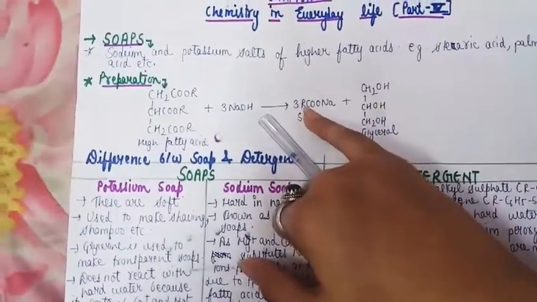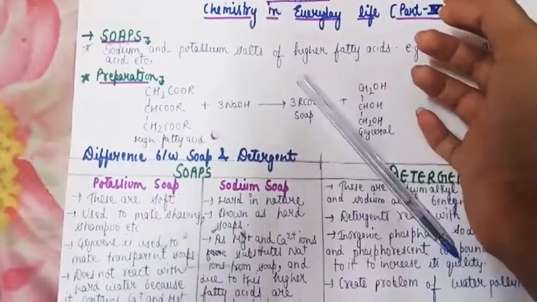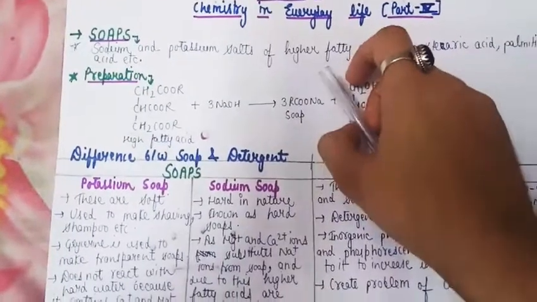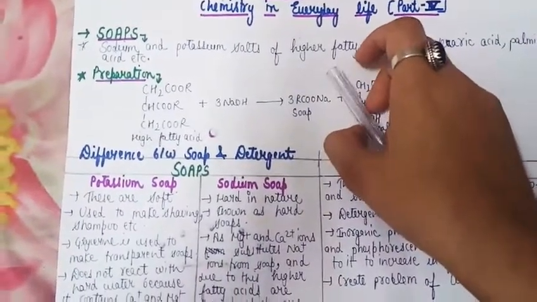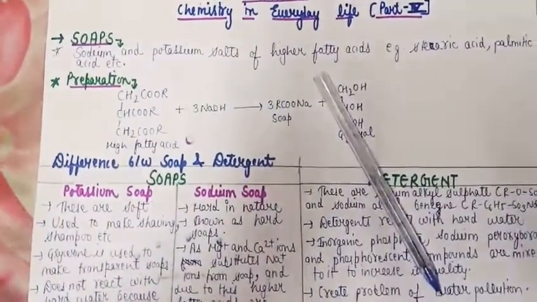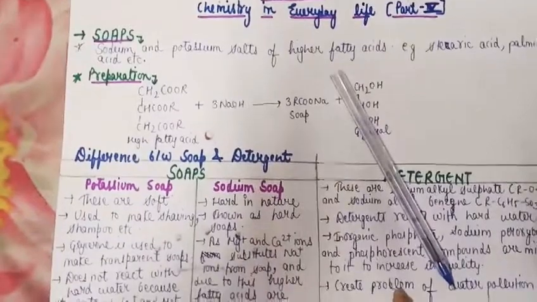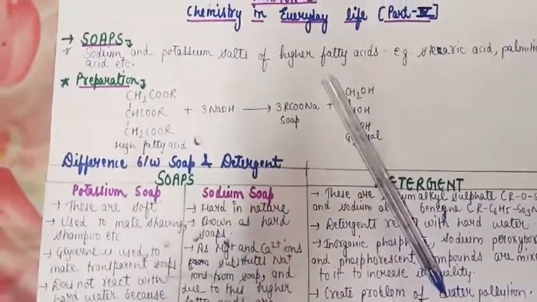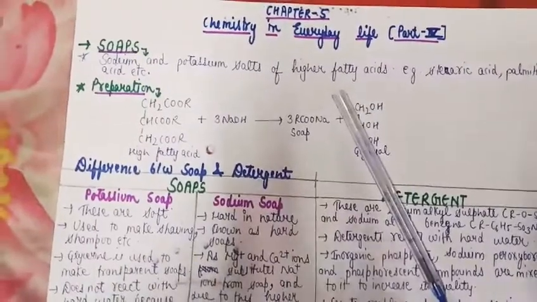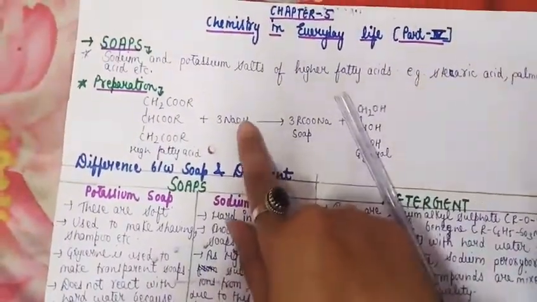As I just told you, there are two types of salts or soaps, potassium and sodium. Mainly these are obtained by heating fatty acids with the same reaction, with sodium hydroxide and potassium hydroxide. This is an important thing we are discussing here. When we are preparing sodium based soap, we use the reaction with NaOH.